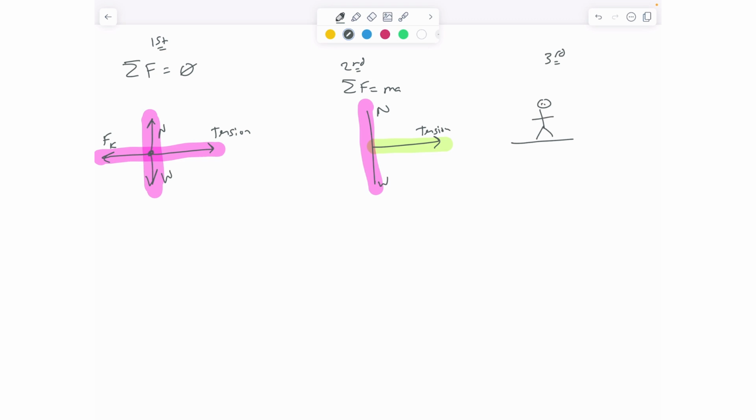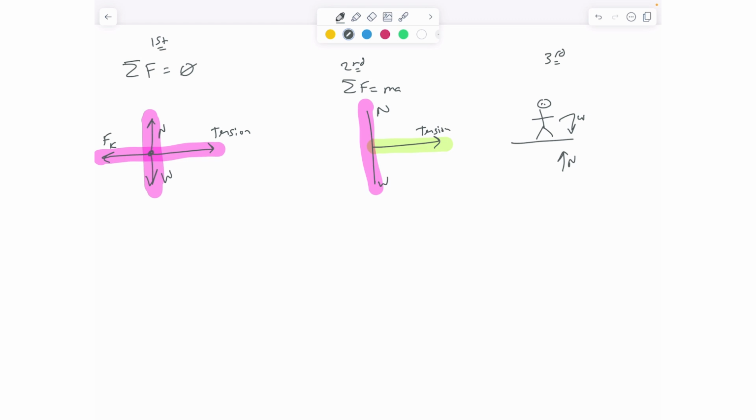The person is pushing down on the floor with some weight. Well, the floor is also pushing back with some force. We usually call that the normal force. So something is pushing down, and another force is pushing back up, and that's the third law.